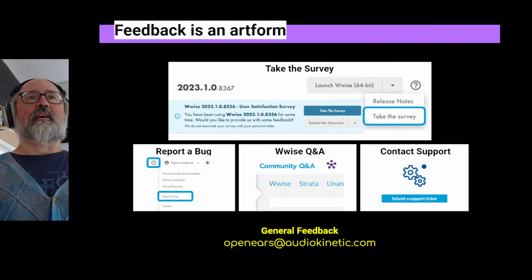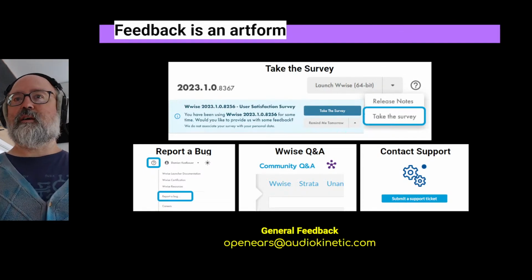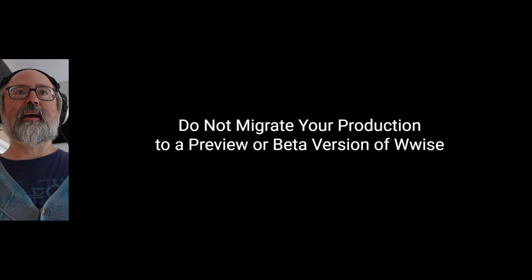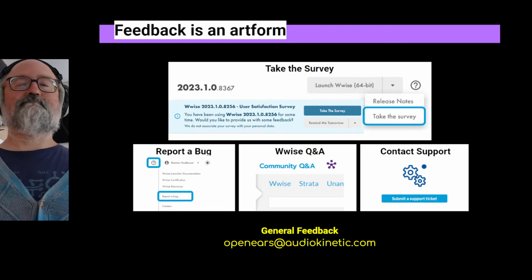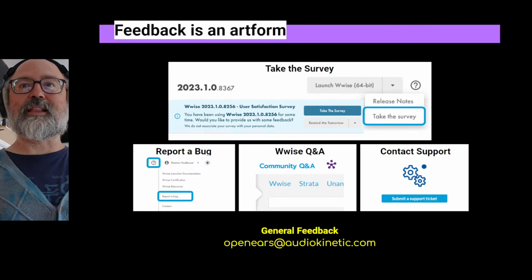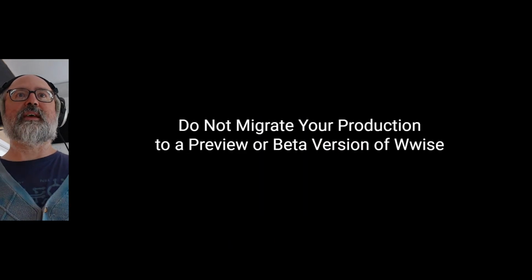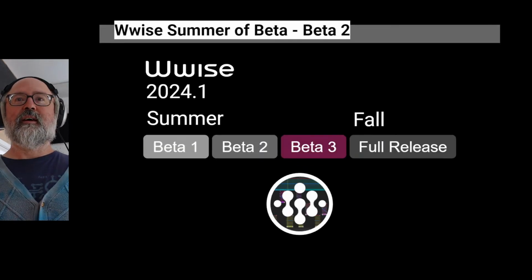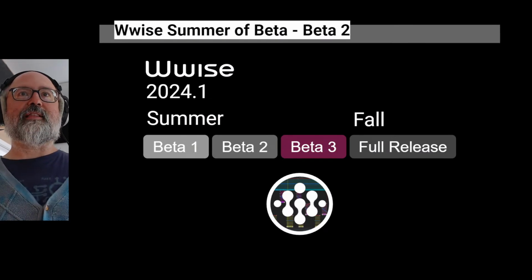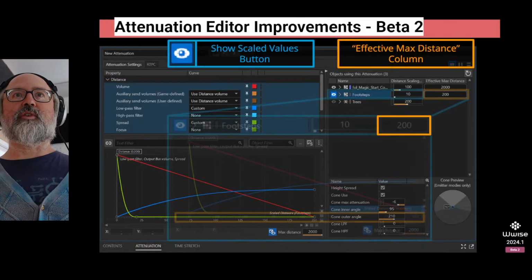Folks out there, grab the beta through the launcher. You can download the current beta. Coming later this afternoon will be beta 3. And give us your feedback. Let us know how that lands out there in the community.